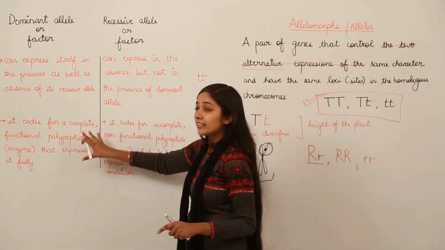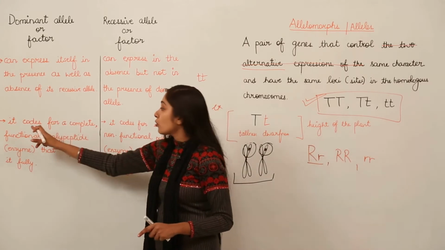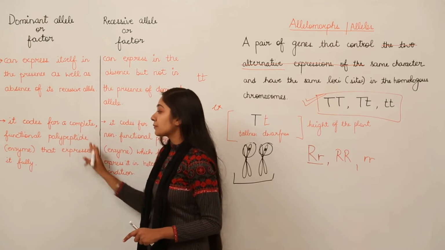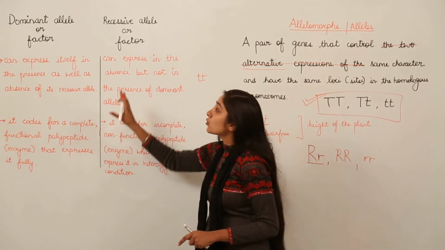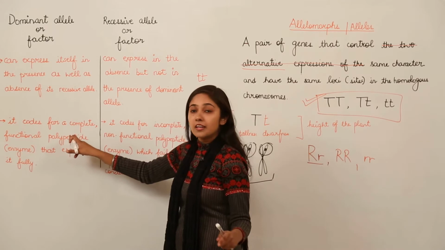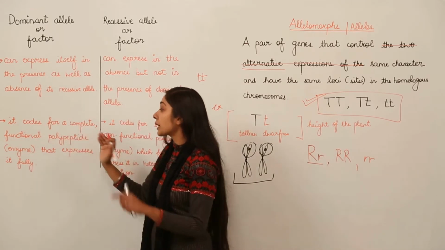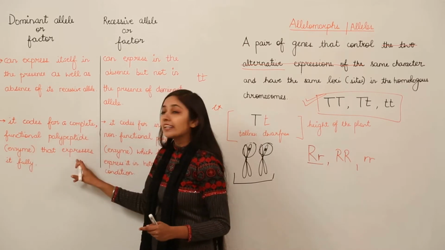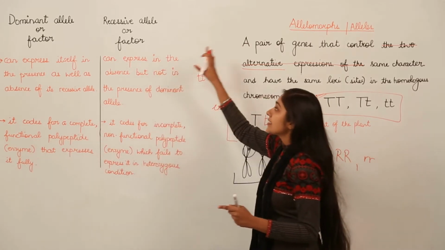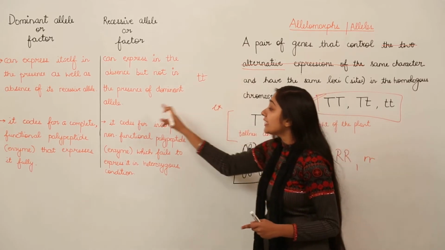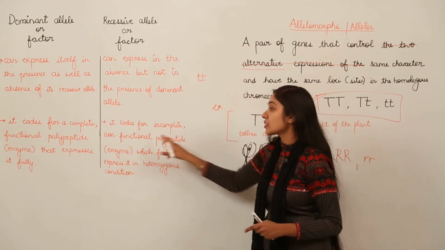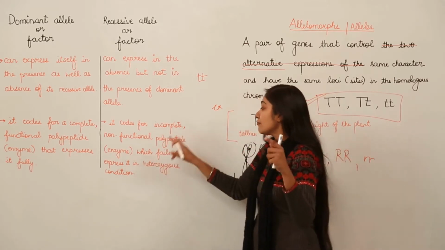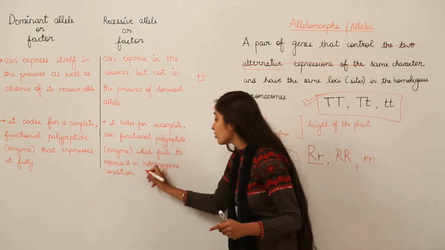So the key point is, remember, for dominant allele, it codes for a complete functional polypeptide or enzyme that expresses it fully. Why is it going to be expressed? Here is the answer. Because this dominant allele encodes for a complete functional polypeptide in the form of an enzyme that expresses it fully. But in this case, recessive allele or factor, it encodes for an incomplete non-functional polypeptide. So it is an incomplete non-functional polypeptide in the form of an enzyme which fails to express in the heterozygous condition.